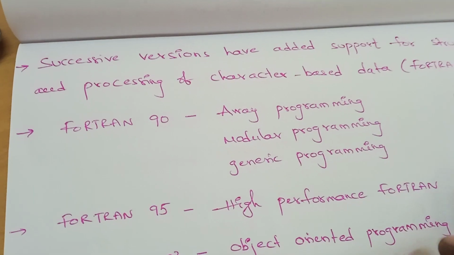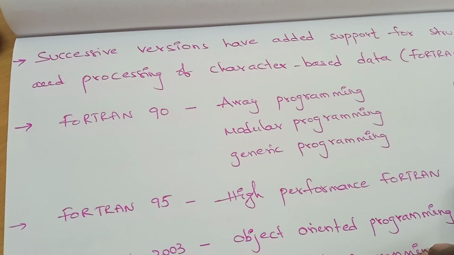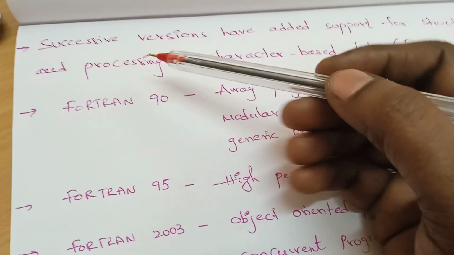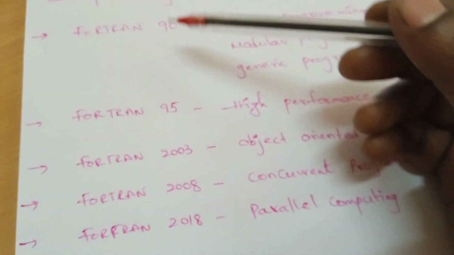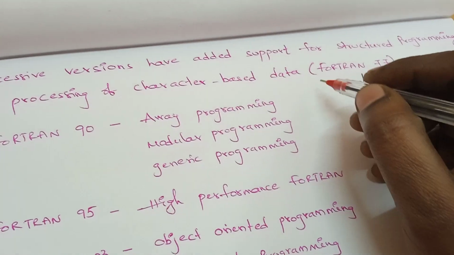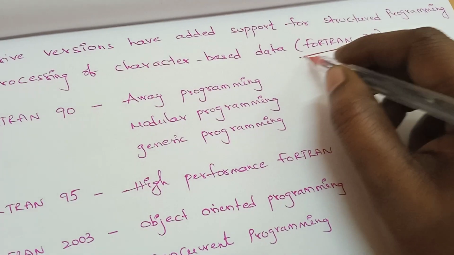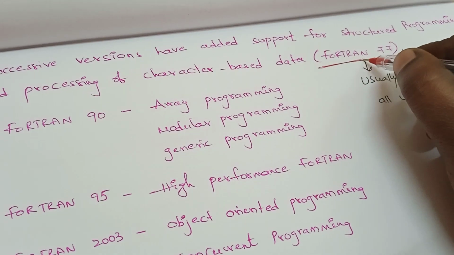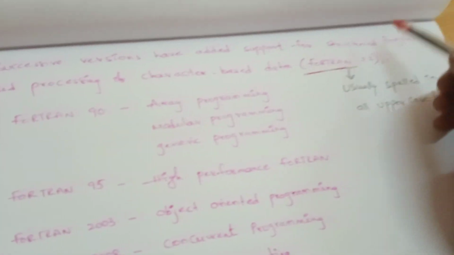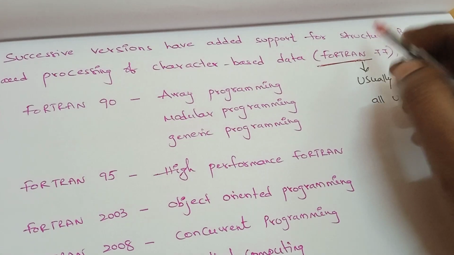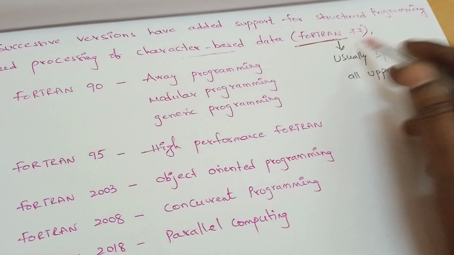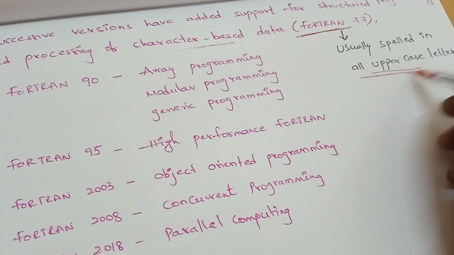At the beginning of today's video, we started by noting that FORTRAN has successive versions. There are many versions which you can find. I'm talking about FORTRAN 77. The speciality of FORTRAN 77 is that it is a structured programming language, and it uses character based data, especially uppercase letters.